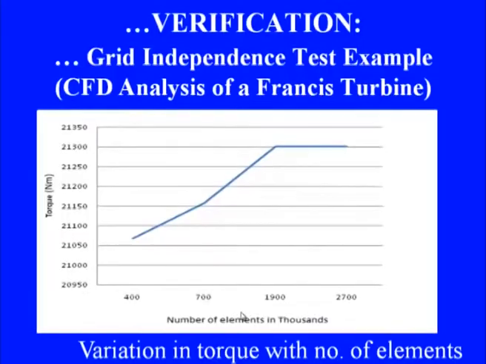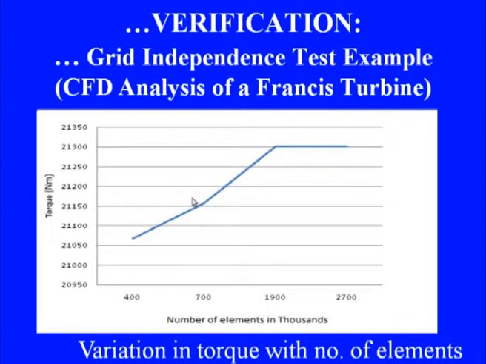And then for verification purposes, a sequence of grids was generated. The crudest one involved 400,000 elements, then 700,000, 1.9 million and 2.7 million. So, we have taken 4 grids and we obtained an estimate of the torque which this turbine produces and the efficiency of the turbine.